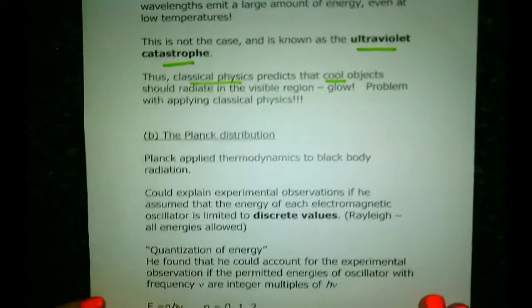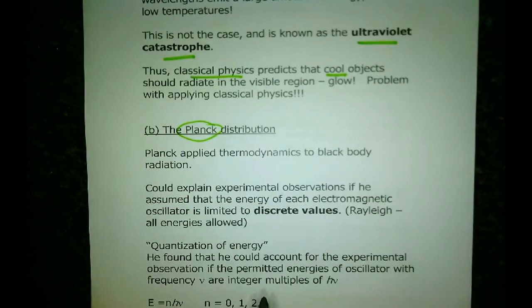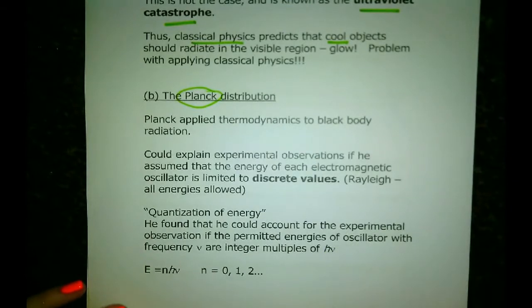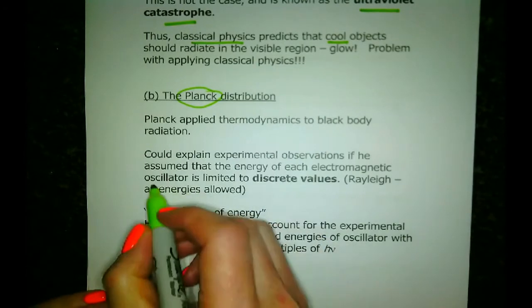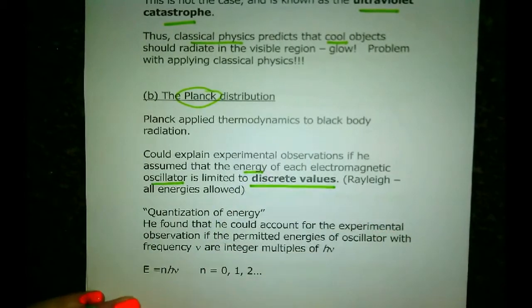Okay, so they had to come up with a solution, and this is where Planck entered the picture. And he made a change to Rayleigh's assumption. He also used the idea of oscillators, metal atoms oscillating, and a frequency being observed as a result of an oscillator being present. But he said the oscillator is limited to discrete energy values.